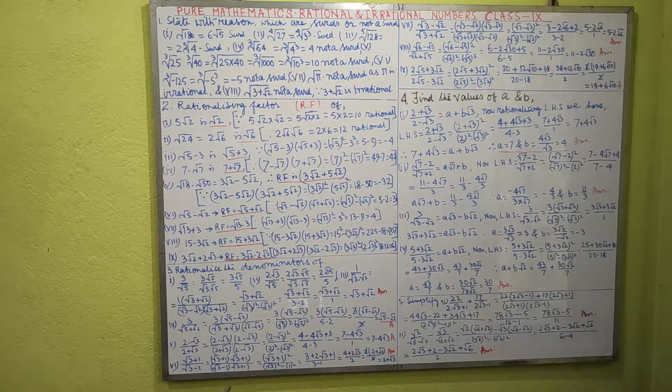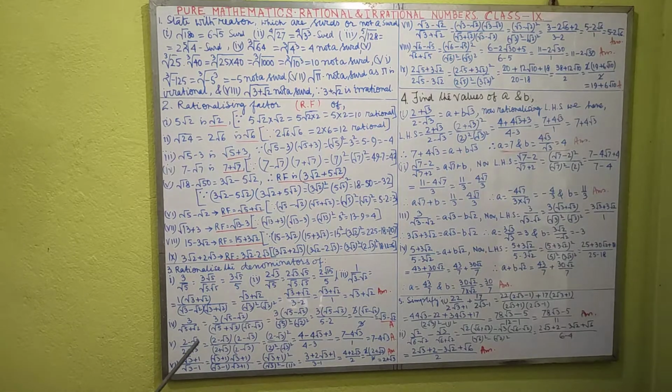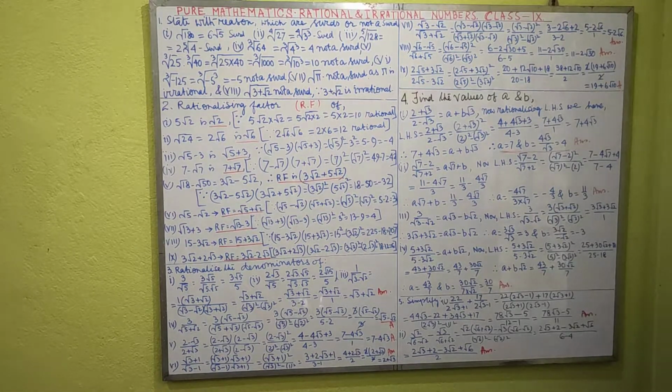3 by root 5, it is given. If we multiply the numerator and the denominator with root 5, then it will be 3 root 5 by 5. This denominator 5 is free from surds. Similarly, 2 root 3 by 5 is also like this.